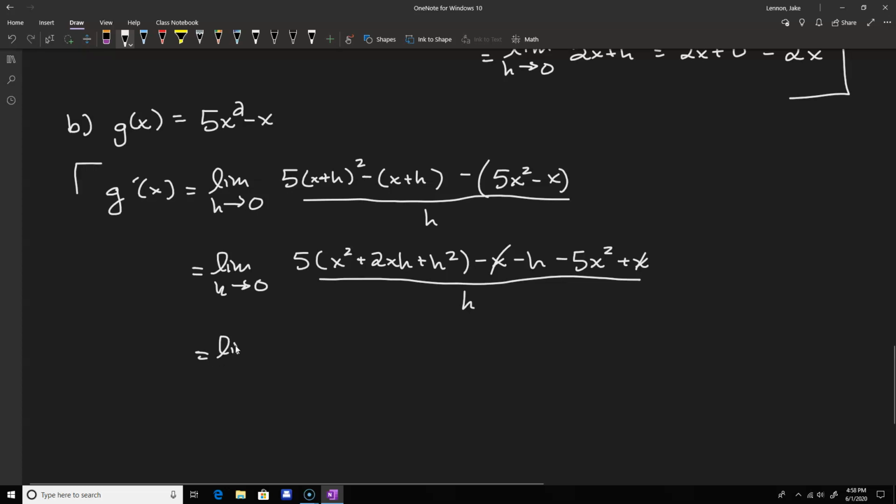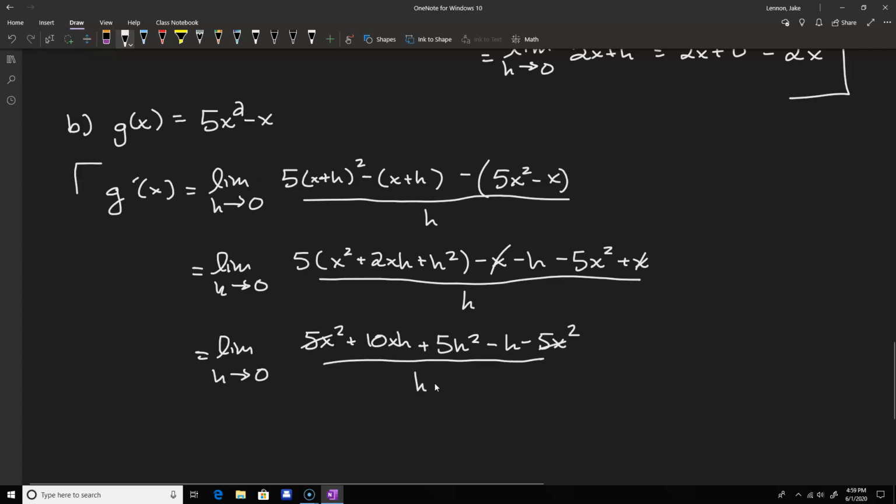So we have limit as h goes to 0. Now we want to distribute that 5. So we have 5x squared plus 10xh plus 5h squared minus h minus 5x squared. So now what's going on? On top, the minus 5x squared terms are being crossed off. And this is, again, all over h.